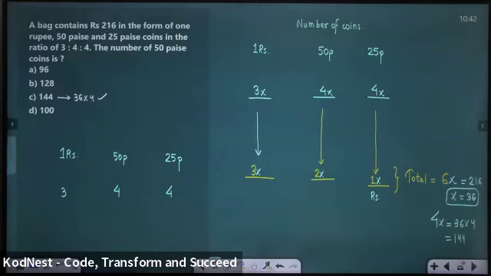They are asking about 50 paise. So 50 paise is 4x.